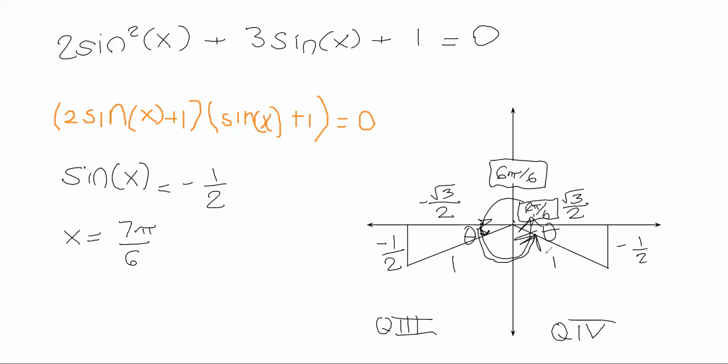What if we stop right here? What would that angle be? 11. Yep, 11 pi over 6. So these two angles pertain to our first factor. Now we want to do the same thing for our second one.